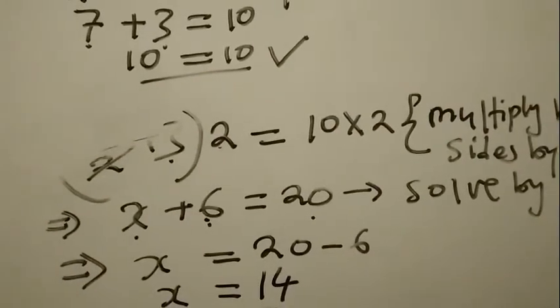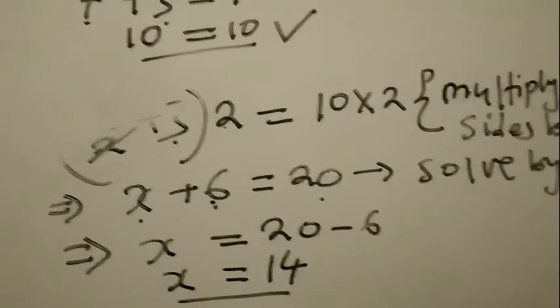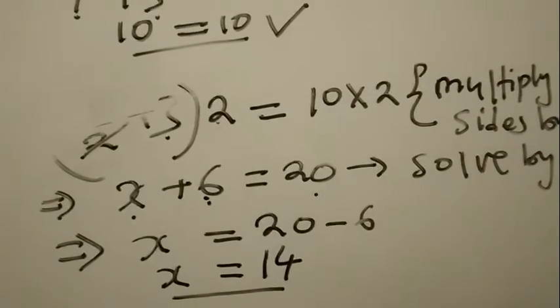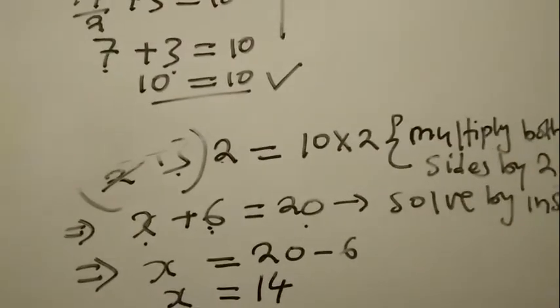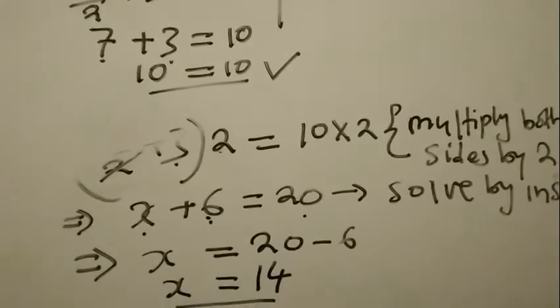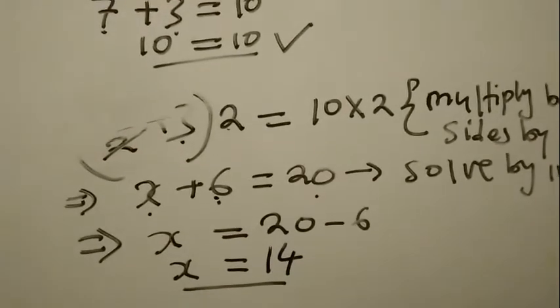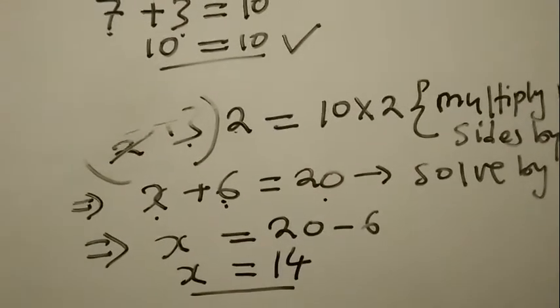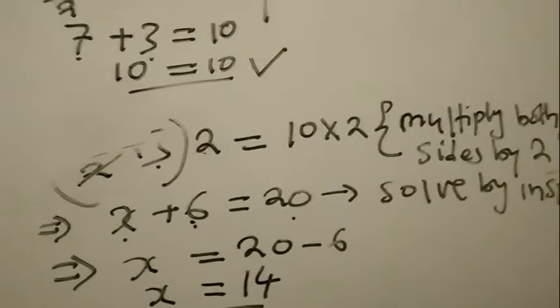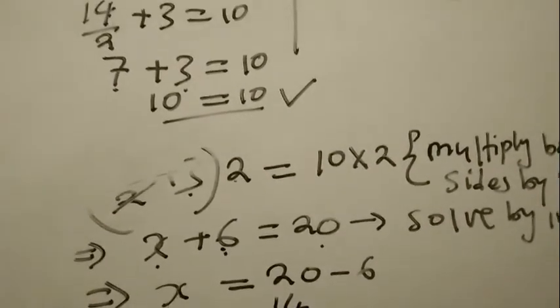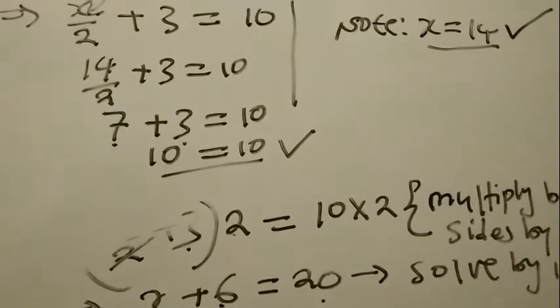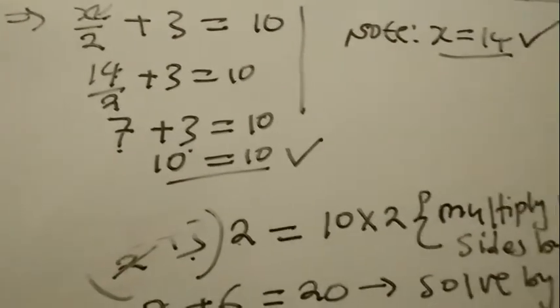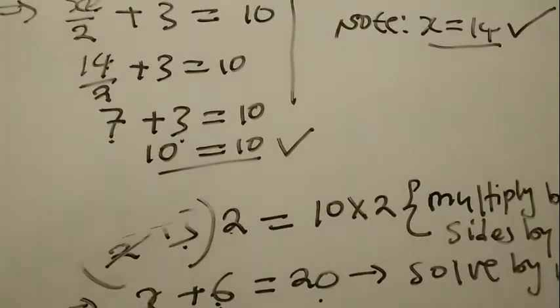I'm sure this will help you understand the way we solve equations in simple steps, but I'm going to give you some simple examples that you can solve by yourself, and see how you can just do it by yourself. Okay, so now let me put one last more example.